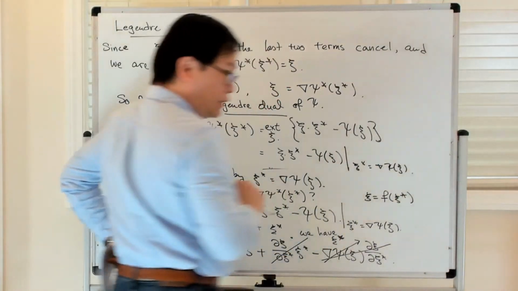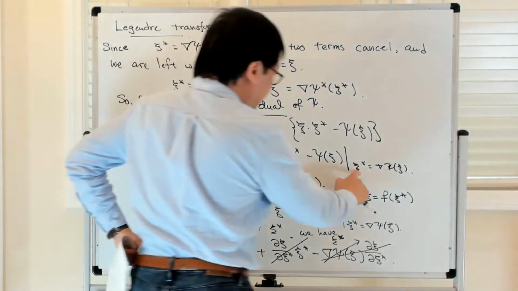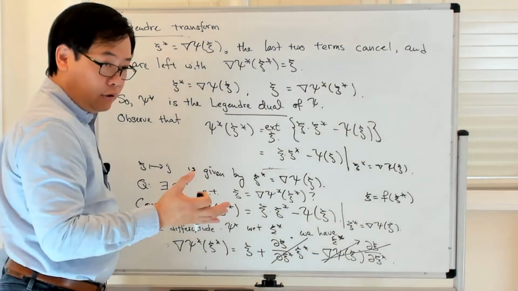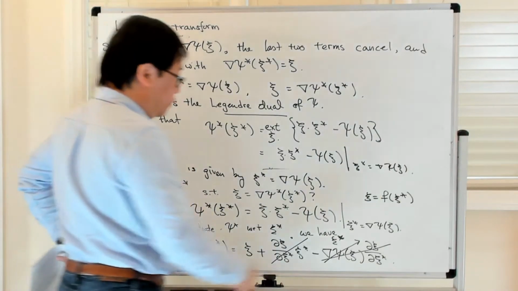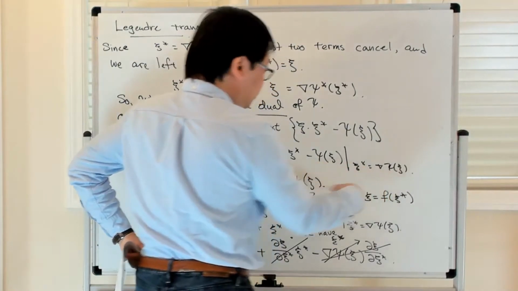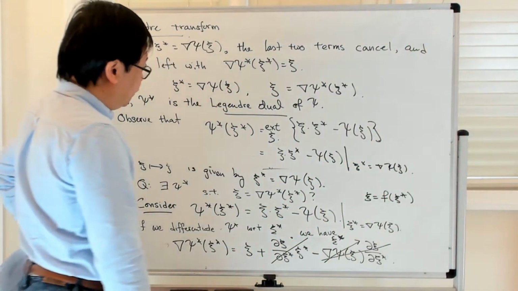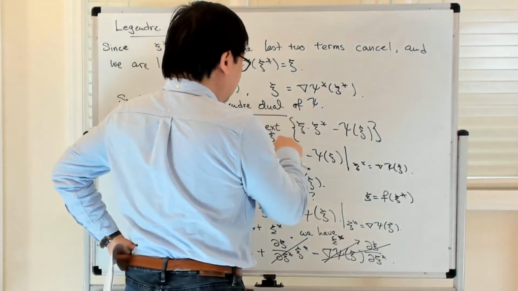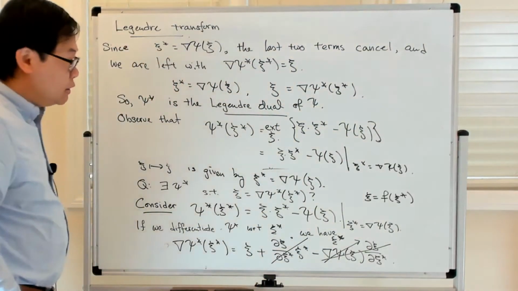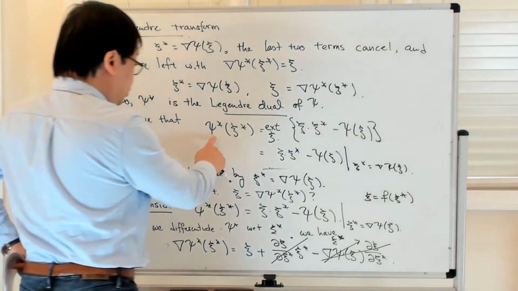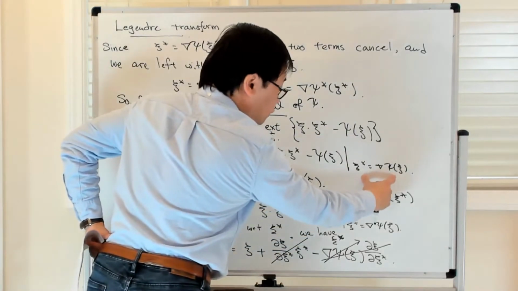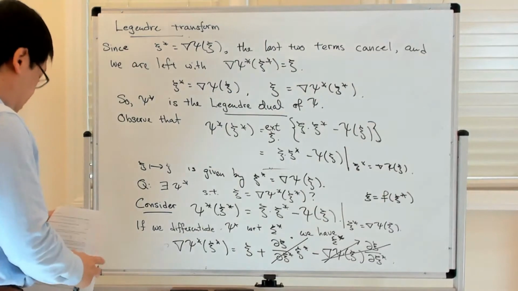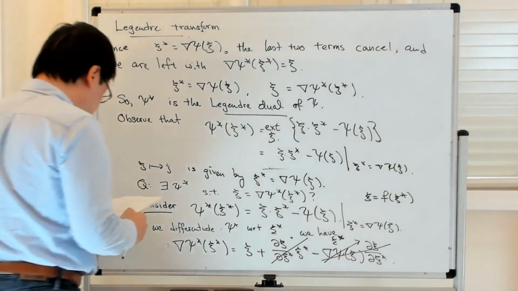If you break that assumption, then the Legendre transform is not invertible, and having this condition here is a harder thing to work with. Whereas if you use this extremization as a way of expressing the Legendre dual, that still makes sense, even if the Legendre transform is not invertible.